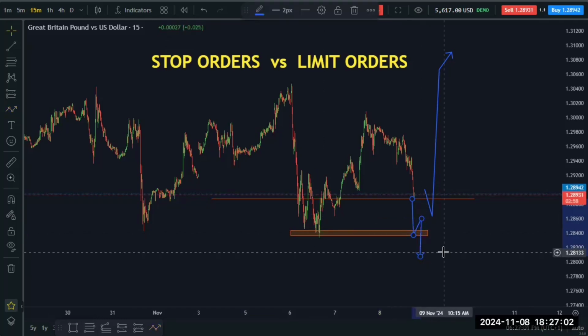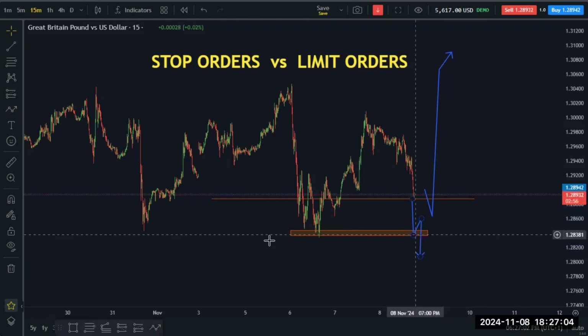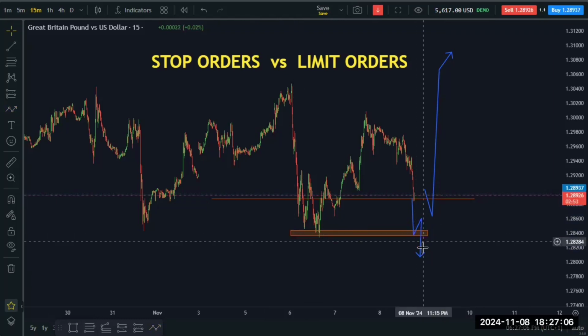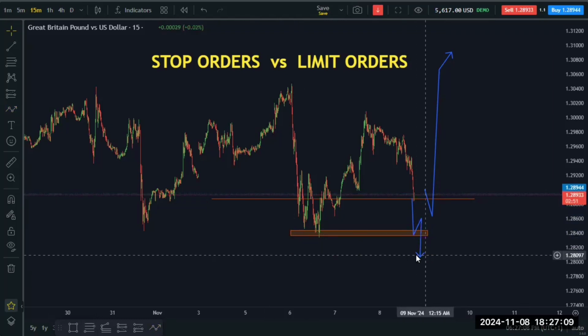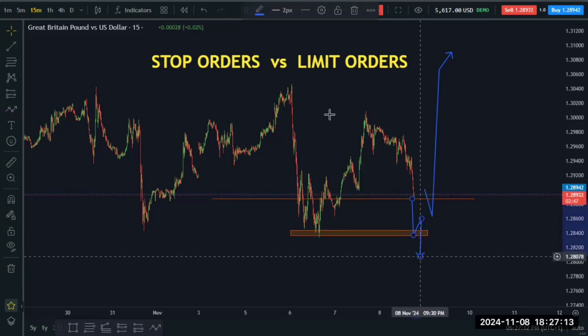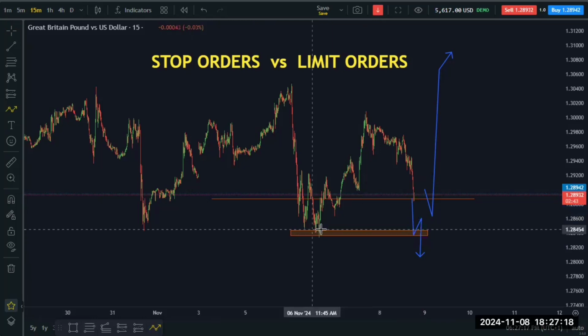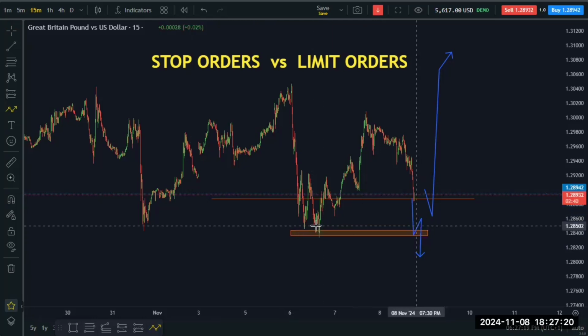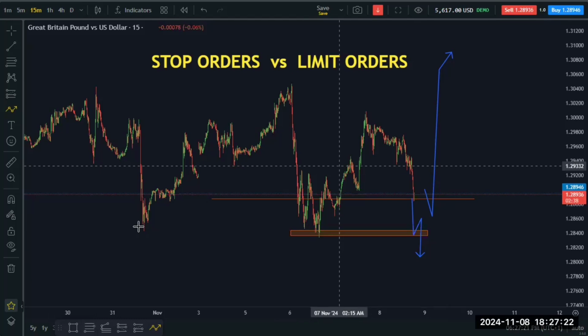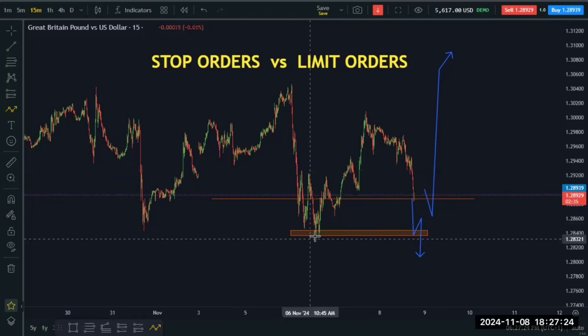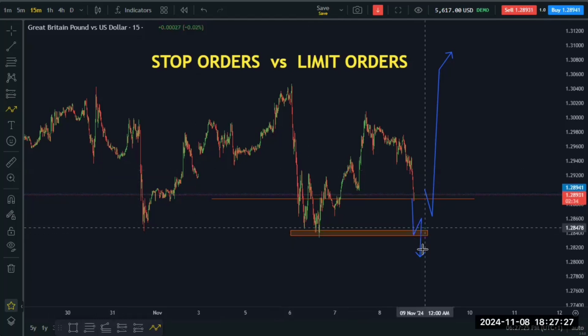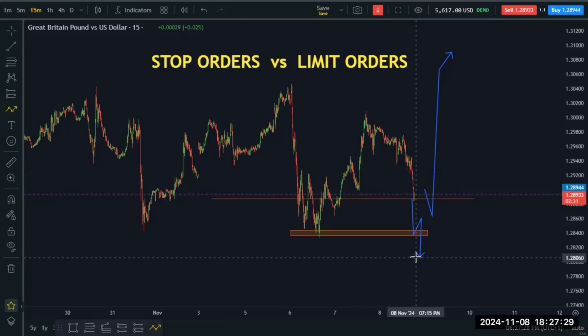So they are hoping that when price breaks past a major support level and reaches their point of interest, that is where they will enter the market and continue in the direction of the price. So since price is supposed to return at a support level, push back, when it reaches here, it pushes back. If it fails to push back, but rather it breaks, those that use stop orders will now enter.